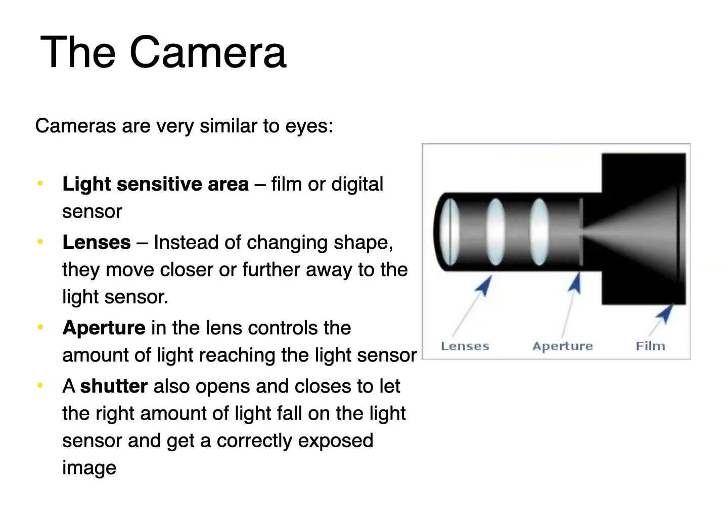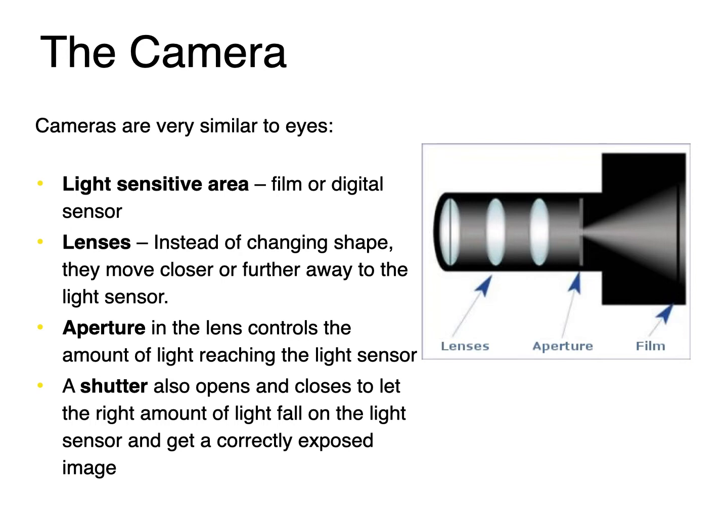For lenses, instead of changing shape, here they move closer to or further away from the light sensor to get a clear picture, what we call a focused picture. The light sensitive area, which in the human eye is behind the eyeball, here is a film or digital sensor.